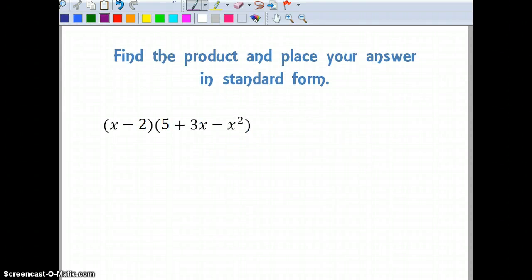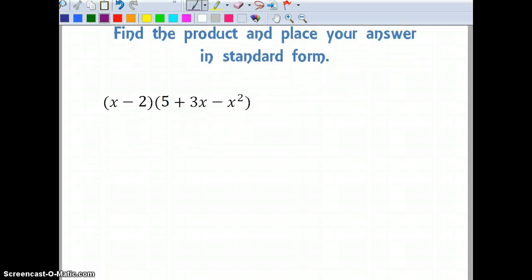Okay, now we're going to do the same thing once again. But I want you to notice first, I have a binomial times a trinomial again. But in the trinomial, is it in standard form? No, it's not. My work is going to be a lot easier if I start out with both of these in standard form.